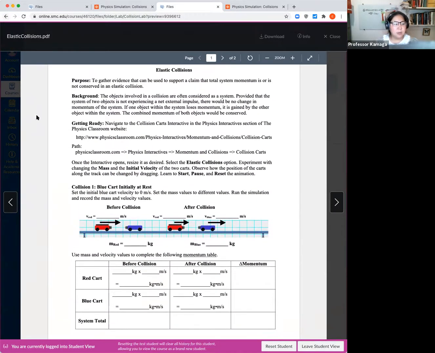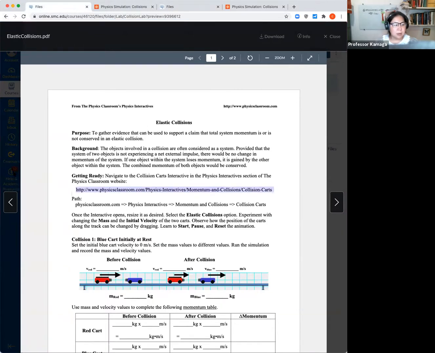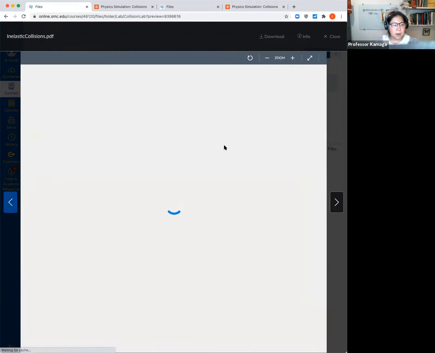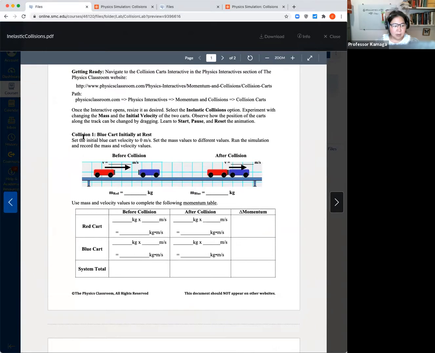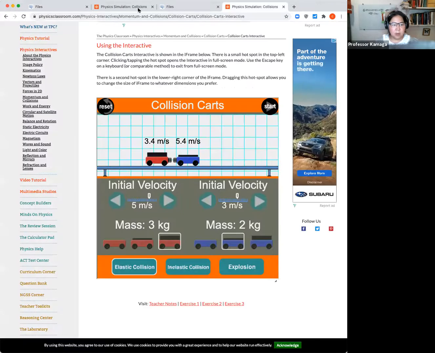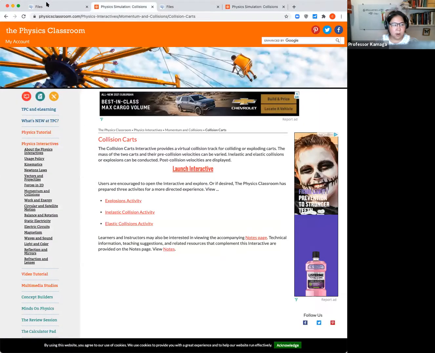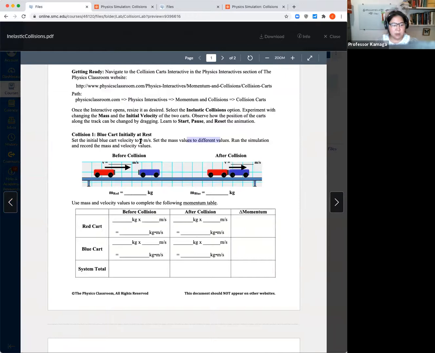And I want you to do the same thing for explosion and inelastic collision. Let's see. Inelastic collision. Initial blue card 0, mass different value. So I think it's very straightforward. I apologize. Just read the direction, decide on the value, write down the value that you choose to simulate, and record, take a measurement of each after collision.